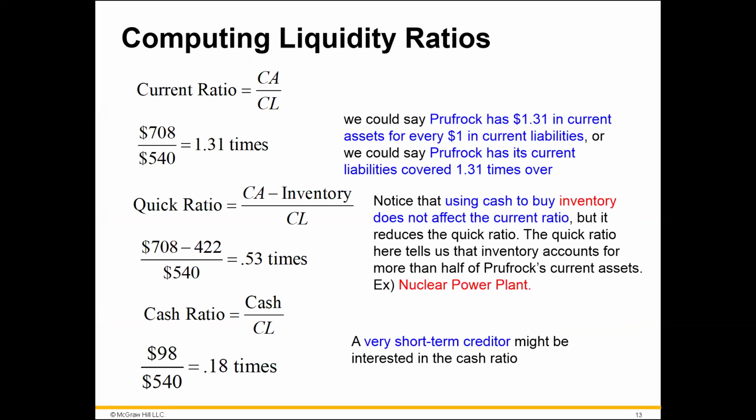We could say that Prefferred Corporation has $1.31 in current assets for every $1 in current liabilities, right? Or we can say Prefferred has its current liabilities covered 1.31 times over.